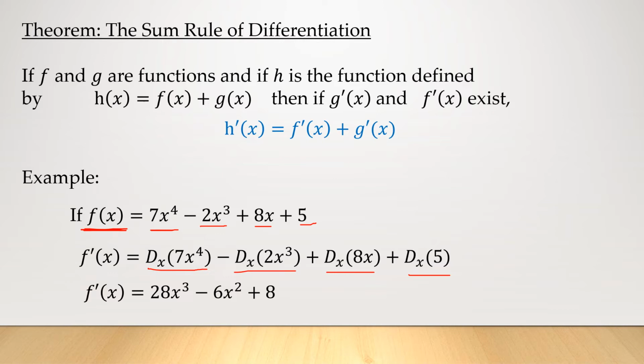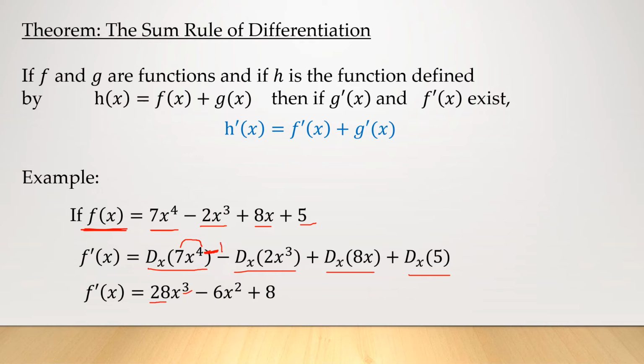So, to get the derivative of 7x raised to the 4th power, we simply multiply the exponent sa numerical coefficient. 4 times 7 is 28. And then, yung 4 na exponent, we will subtract it by 1.